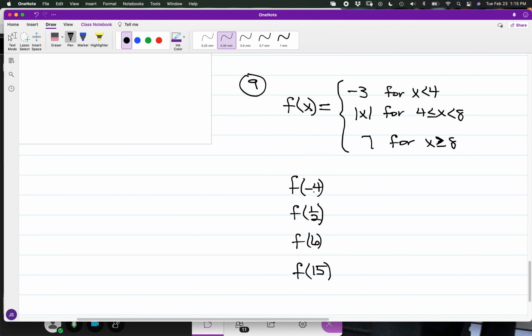Looking at the inputs, -4 is an input that is less than 4. For 1/2, like -4, 1/2 is also less than 4. And for 6, 6 is not less than 4, but it does lie between 4 and 8. And for 15, 15 is an input that is greater than 8.